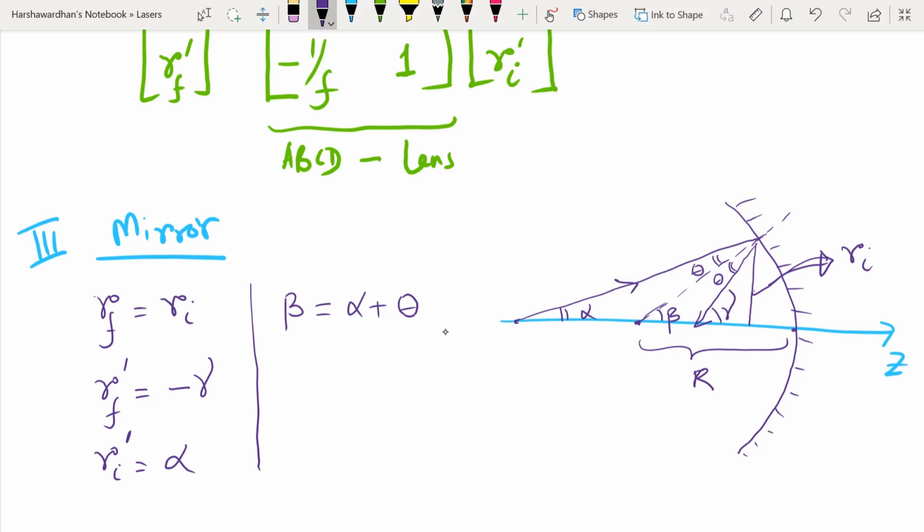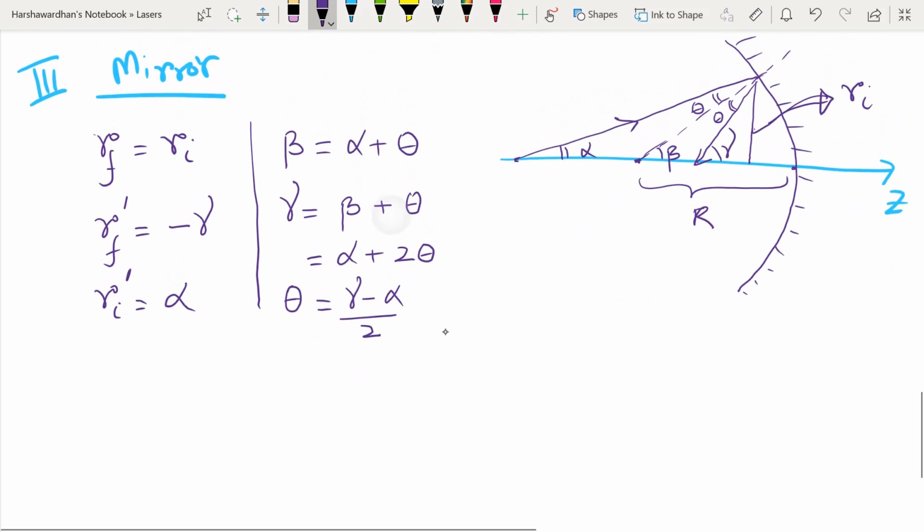Similarly, I can write down that gamma equals beta plus theta, right? In other words, it can also be written as alpha plus 2 theta, so that I can write down my theta as gamma minus alpha by 2.